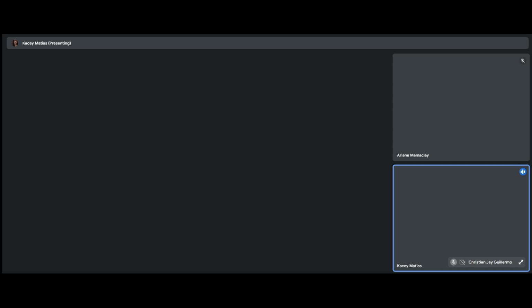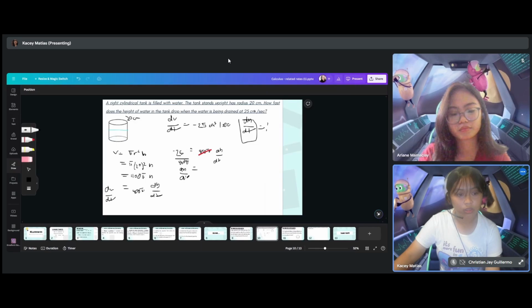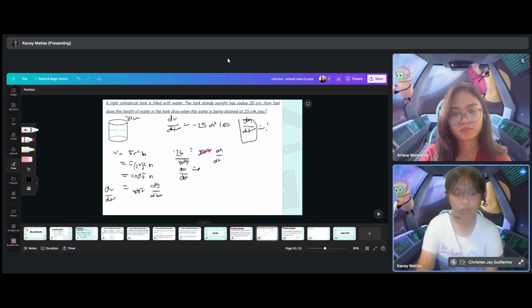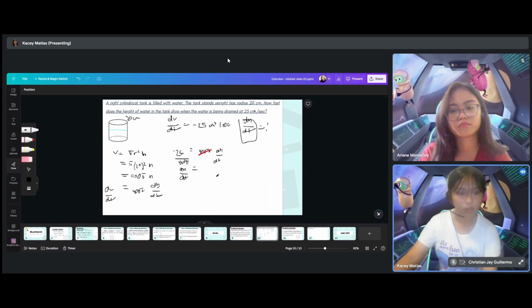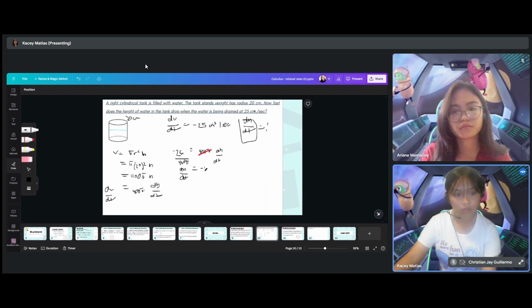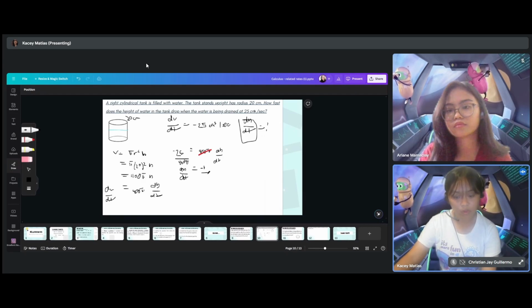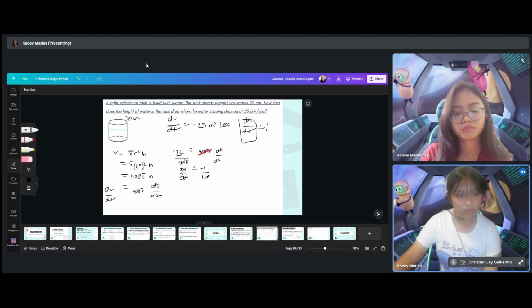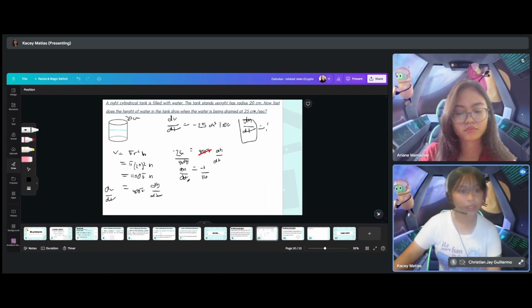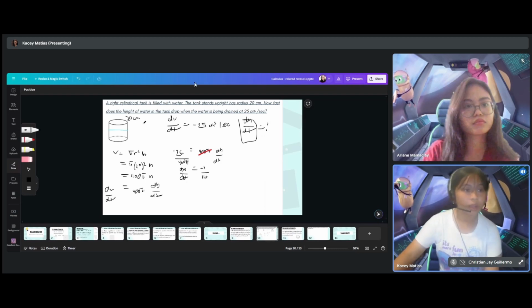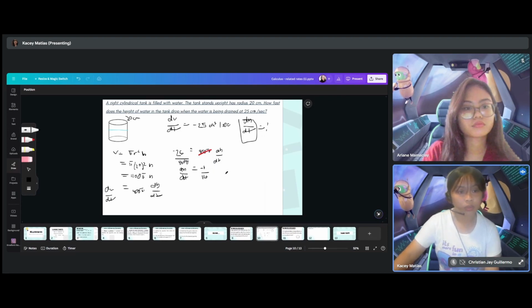So, ang kakalabasan is dH over dt is negative 1 over 16. So, ito yung height of water in the tank as it drops when the water is being drained.